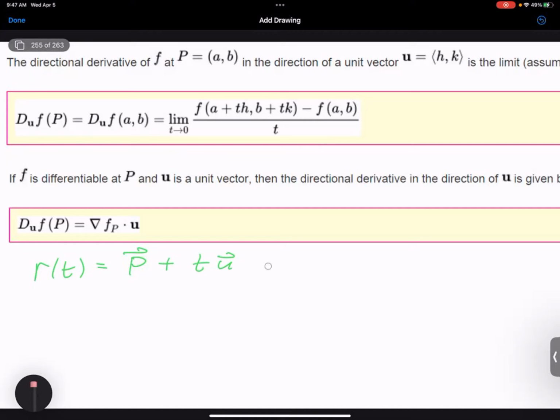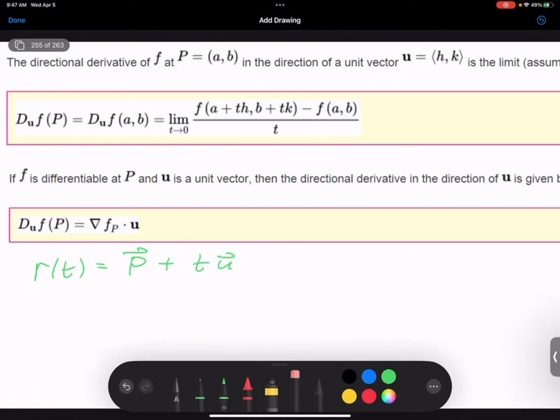So this is going to be x of t, y of t. So if we take r prime of t, that's just going to be the vector u. And we're calling that hk here. That's going to be x prime of t, y prime of t.